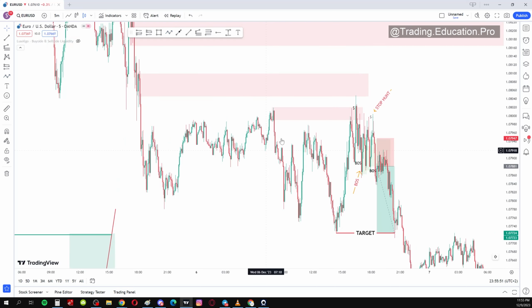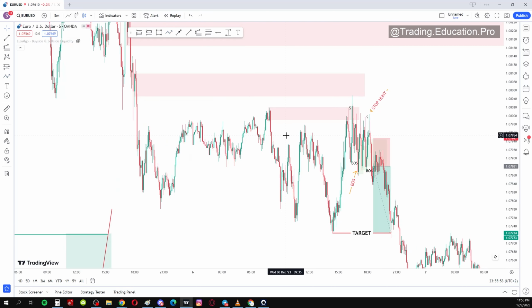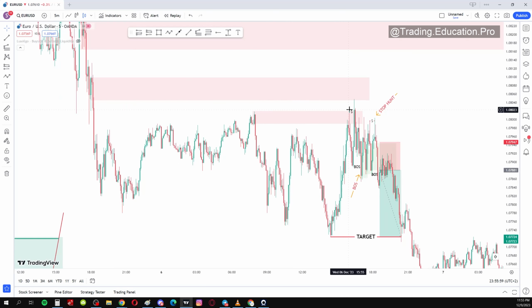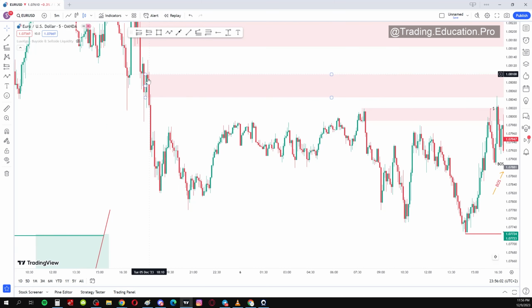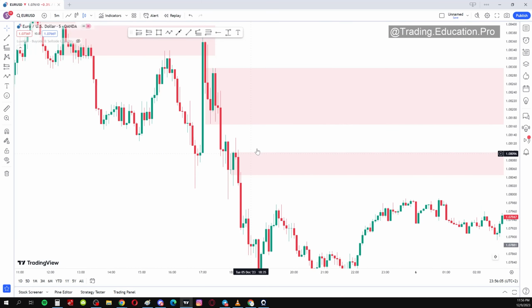And I would say the real move was to mitigate this. Because as you see here, we had this candle mitigated, but this candle was never mitigated.